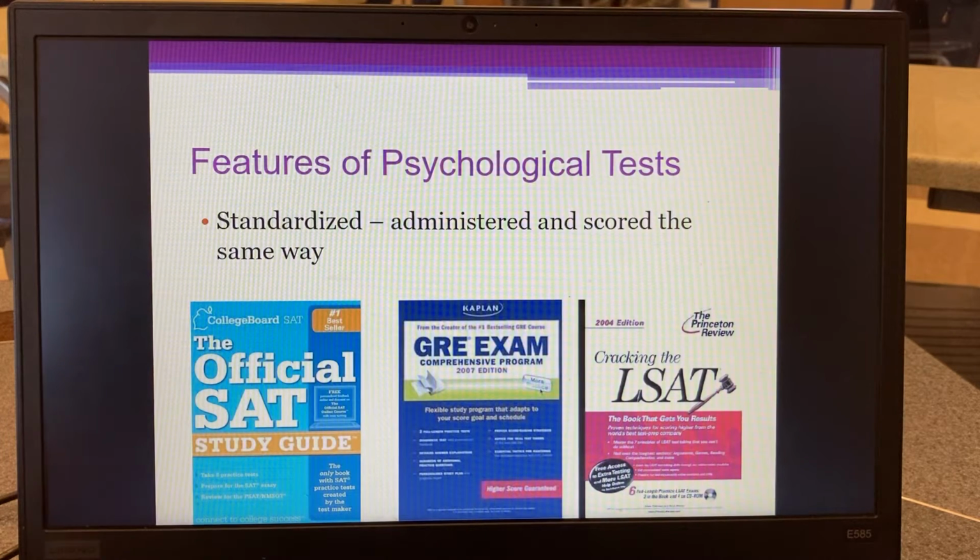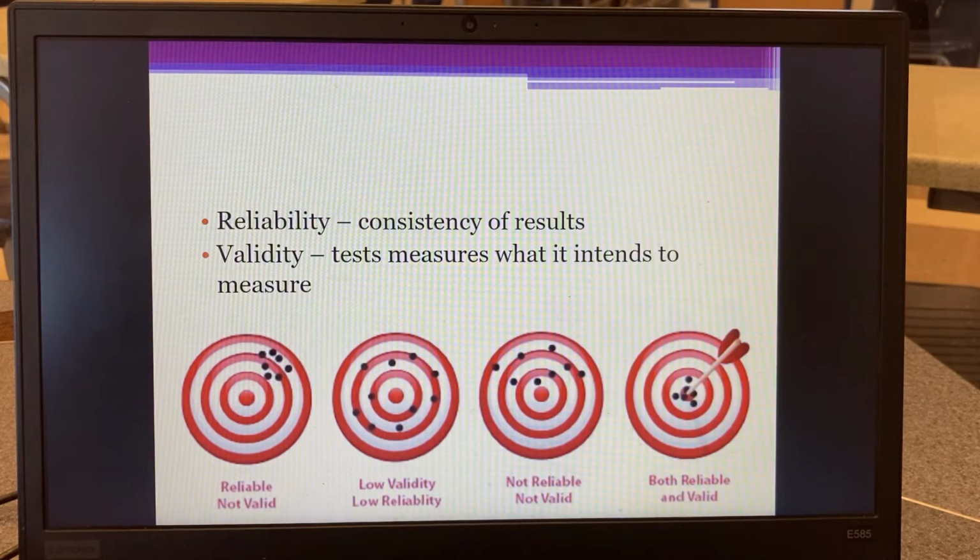To have it standardized, you have to have one uniform way to give and score. You have to look at the reliability and the validity. Reliability is consistency of results over time. So if we're all clustered together, everybody's got about the same score.